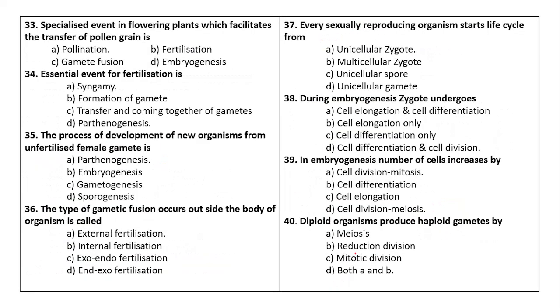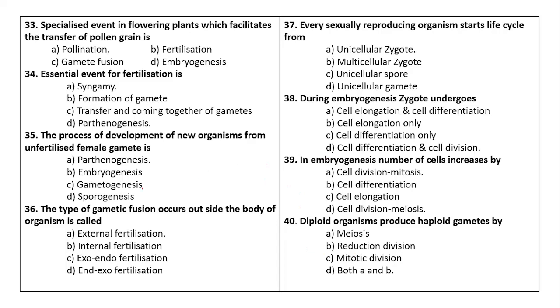Next one. Specialized events in flowering plants which facilitate the transfer of pollen grains is, very simple. Simply by looking at the phrase, transfer of pollen grains, you can easily answer this question.